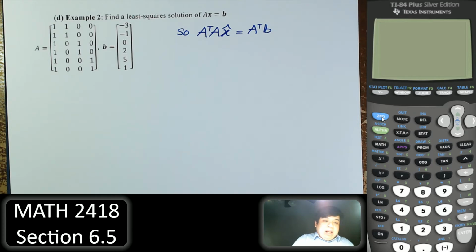I can enter the matrix, but since we use the matrix a lot, we can also store it to a matrix. This is like when you use the TI-83, you use the second matrix key.